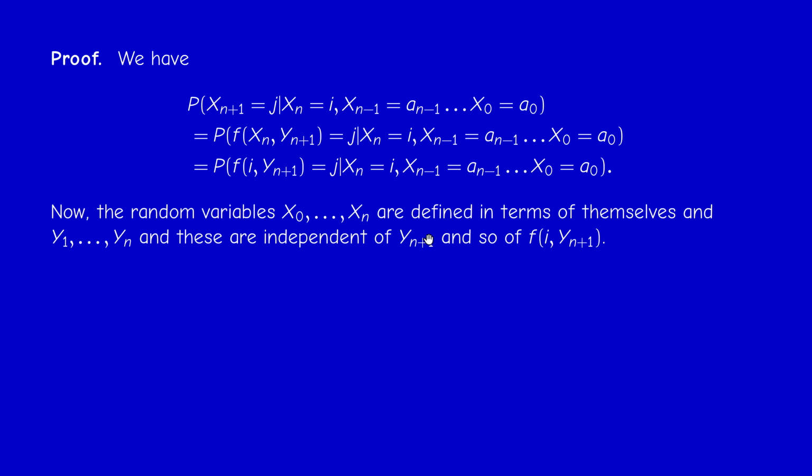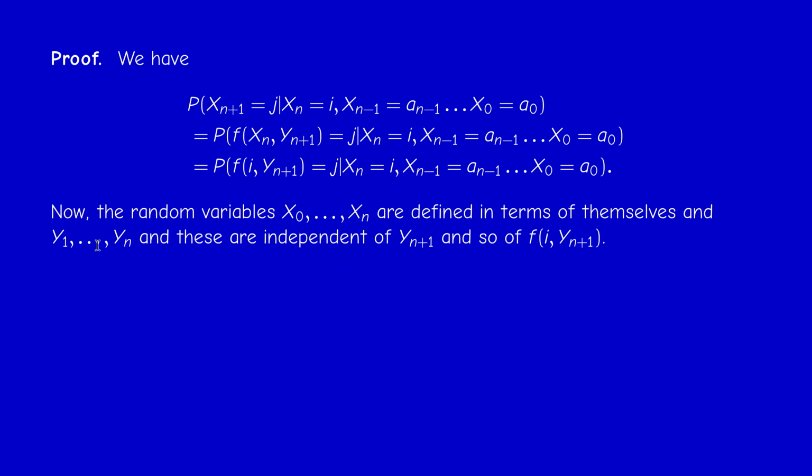Okay, now the random variables x0, x1 up to xn are defined in terms of themselves and the independent random variables y1 to yn. And I assumed in the assumption that the sequence y0, y1, up to yn are actually independent. So any subset, in particular y1, y2, up to yn is independent of yn plus 1.